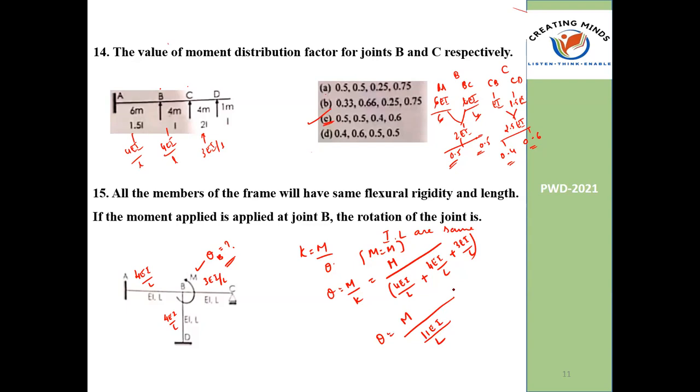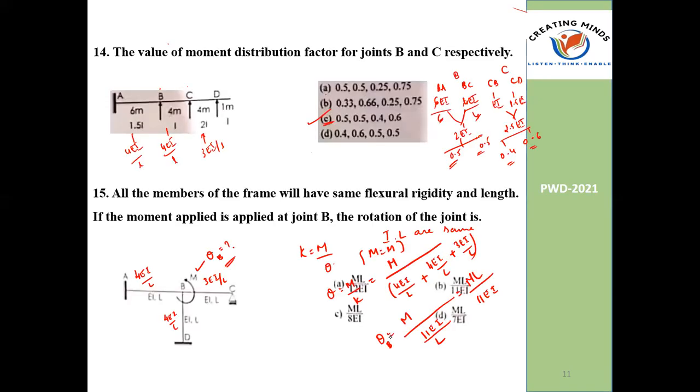So we get ML by 11 EI. This is theta B. Is there an option ML by 11 EI? Yes, B.